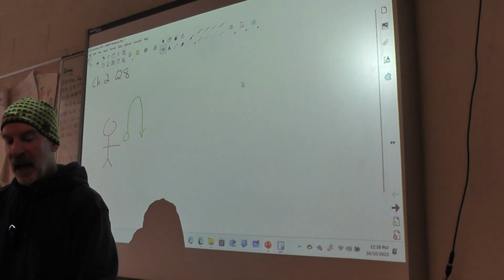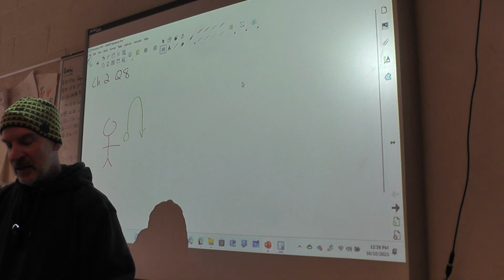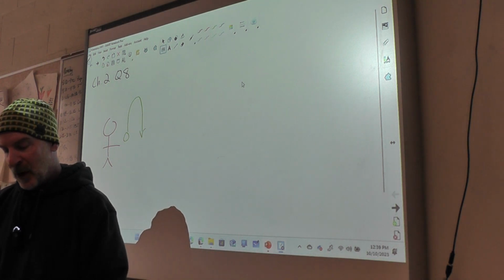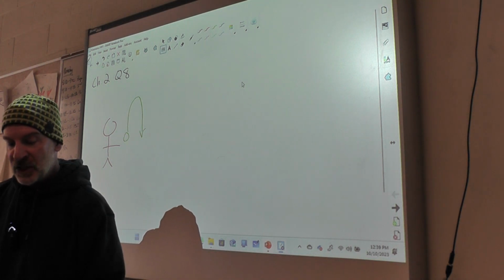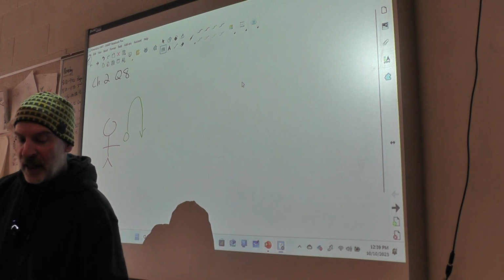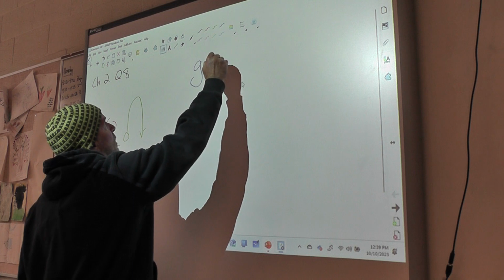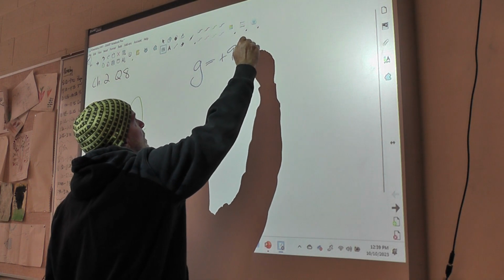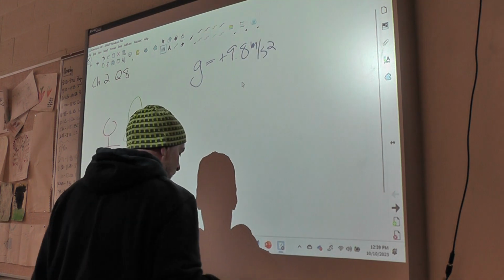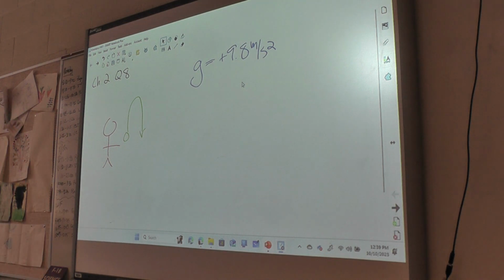Then you'll remember, oh yeah, I remember it says g when they're talking about free fall, and it talks about the fact that g is always positive 9.8. G is positive 9.8 meters per second squared. The positive has nothing to do with direction.